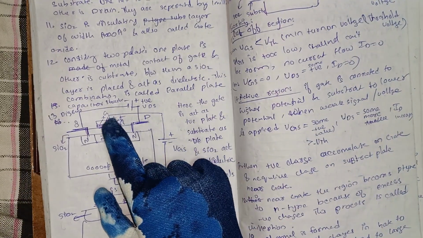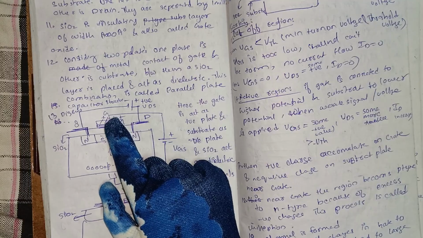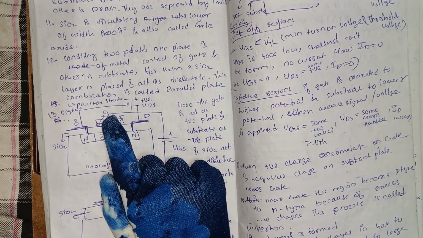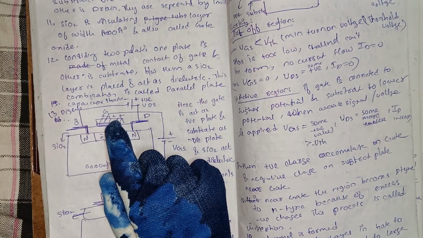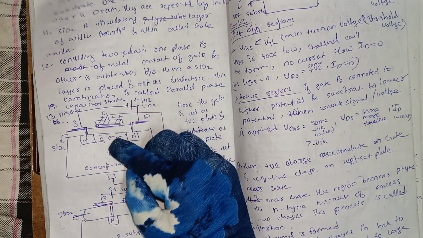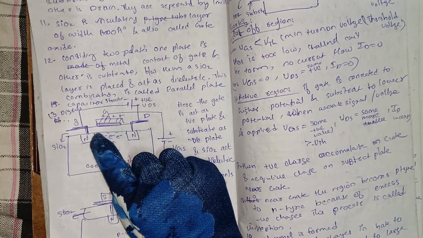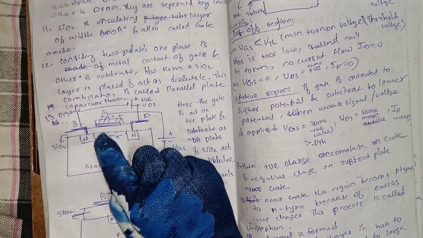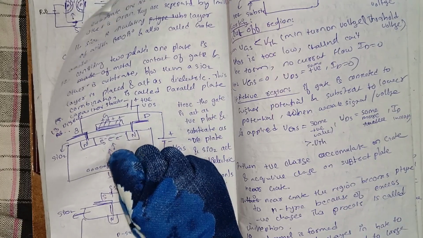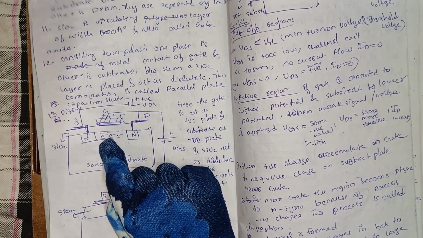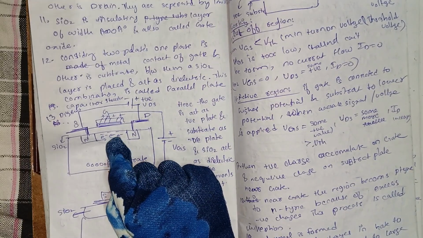So this small gate voltage creates an electric field which opens or closes this conducting channel between two regions. There is a conducting channel for the flow of electrons.